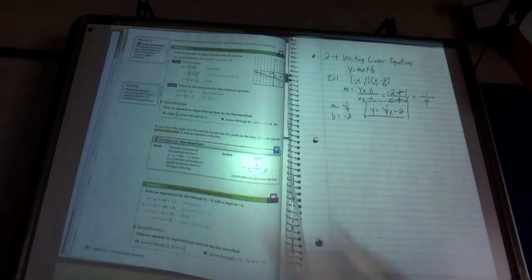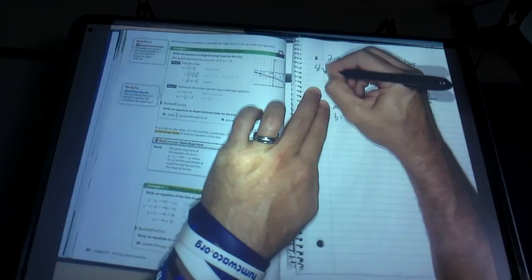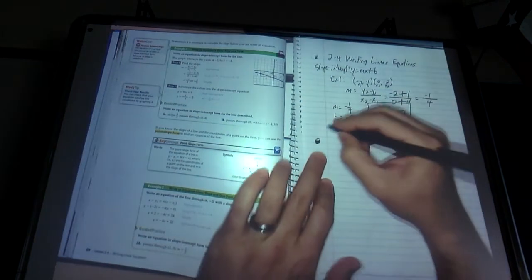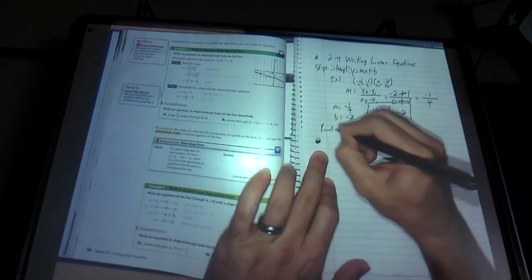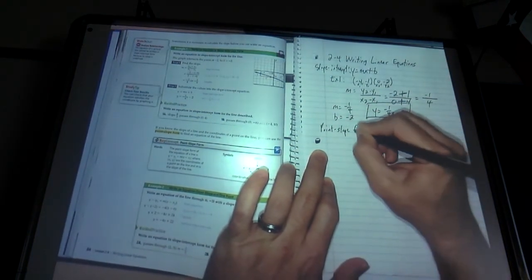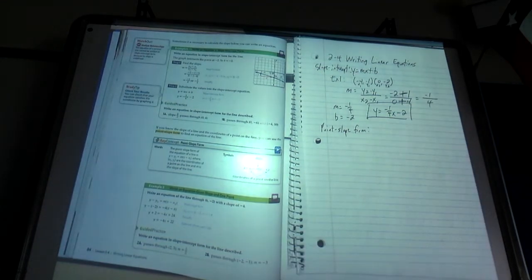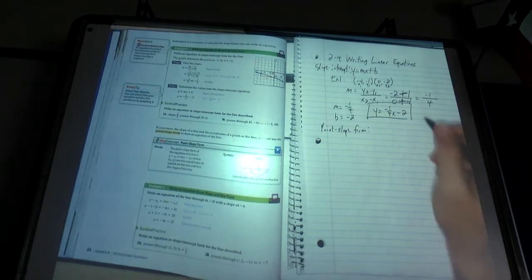Okay, another form you might see is this next one. It's called point slope. So up here, we did slope-intercept. All right, and down here, we're going to look at point slope. To be quite honest with you, I am more of a slope-intercept guy, or maybe standard form, but if the directions ask for point slope, then you need to know how to do it. It's pretty simple.